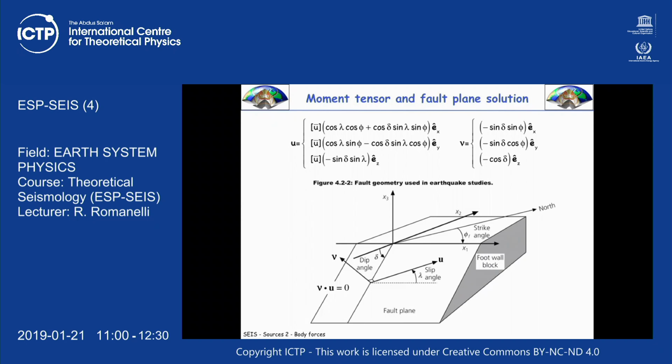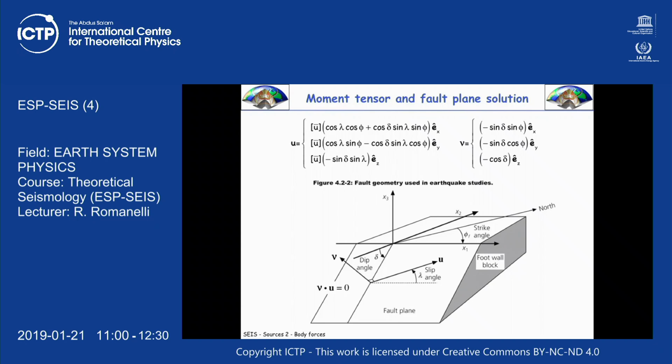It's an angle. What about the fault? Well, it will be described by strike and dip. Three angles, plus the amplitude of U, that on average is what we call, with square brackets, [U]. It's the average over the rupture. What about n?